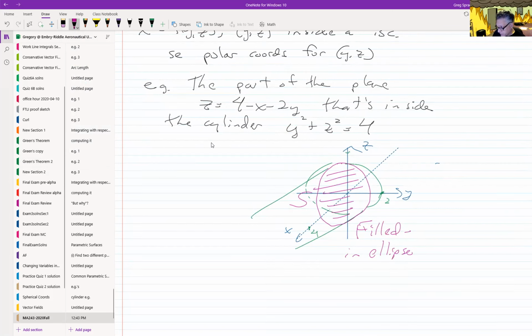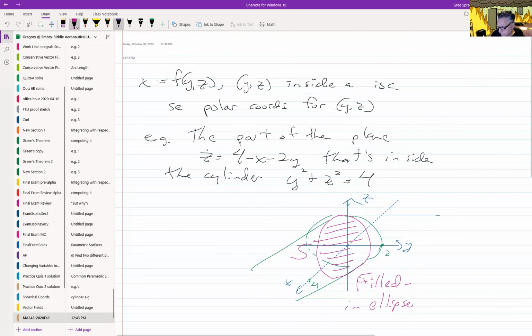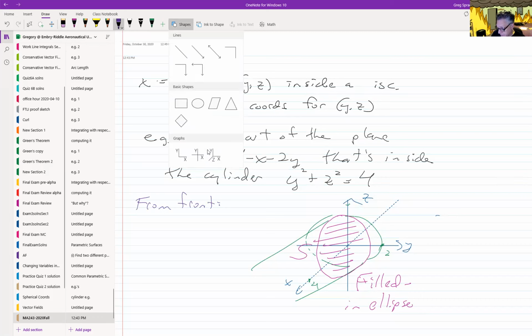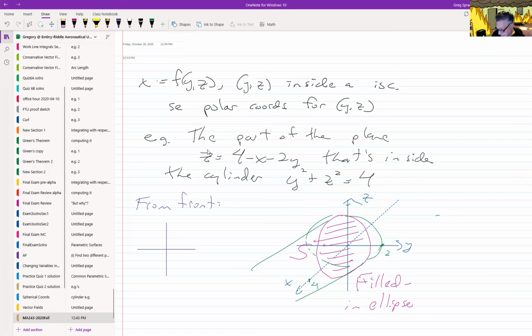It might help to draw it from a different point of view, from the front. If I look at it from the front, what I see is a disc. And a disc is a lot simpler than this filled in ellipse. So this is a view from the front.